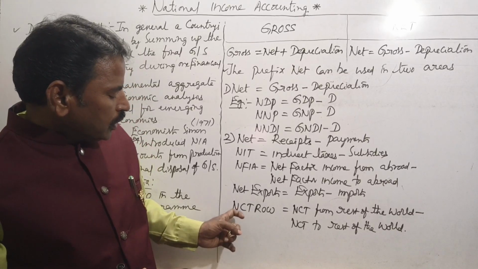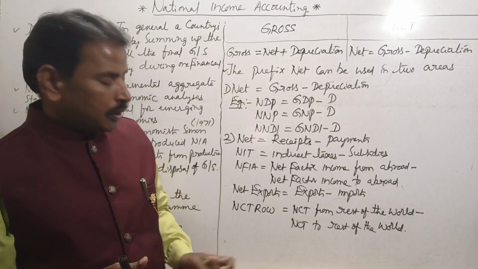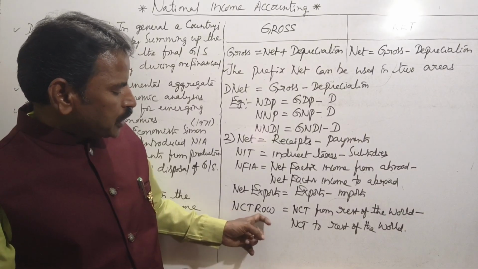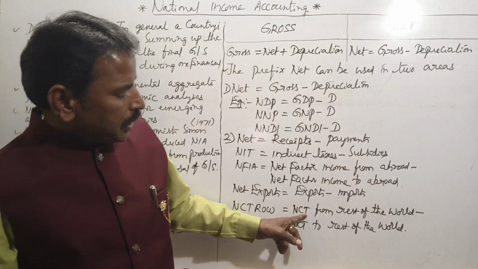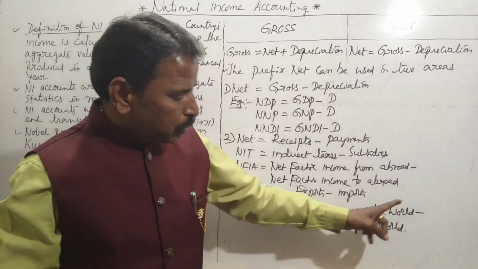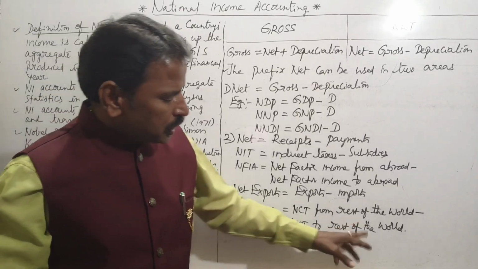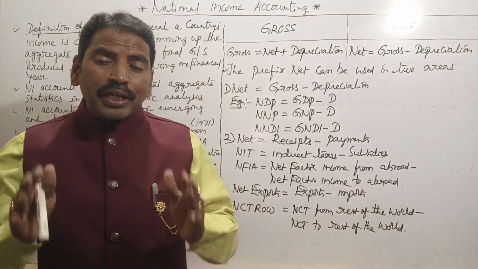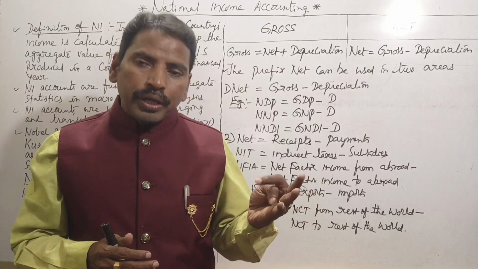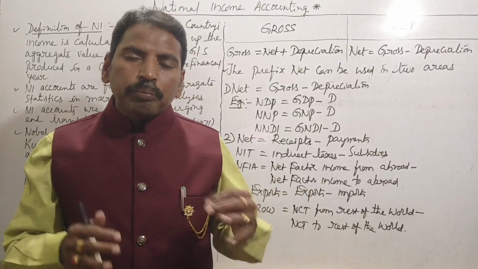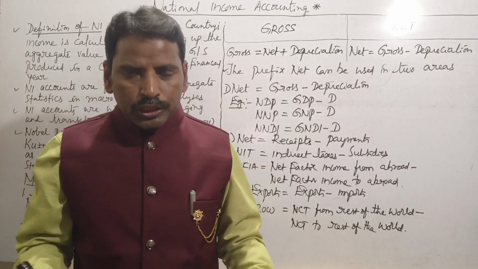Next, net current transfer from the rest of the world. It is equal to current transfers from the rest of the world minus current transfers to the rest of the world. Net current transfers are remittances, foreign aid, foreign grants, pensions, gifts, donations, and scholarships.